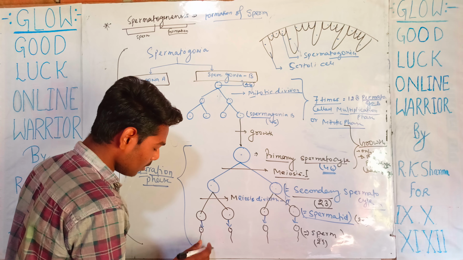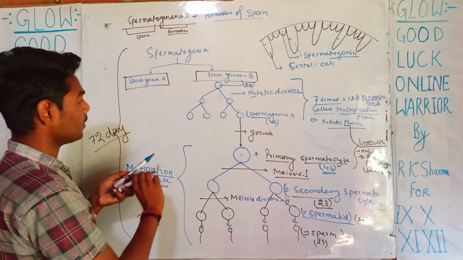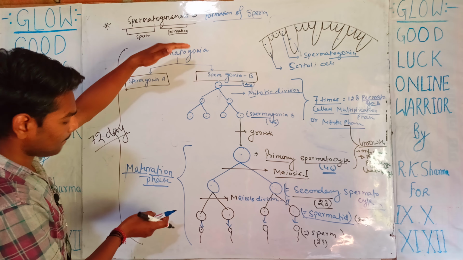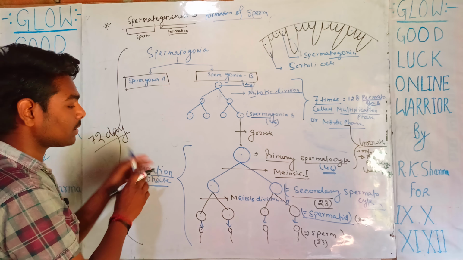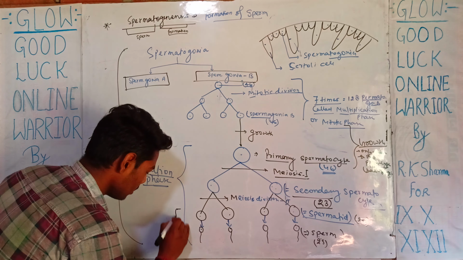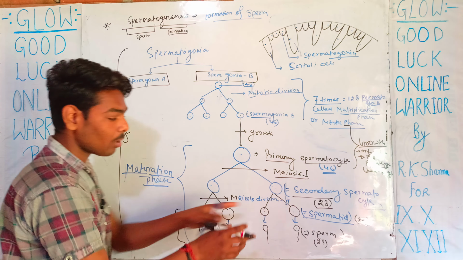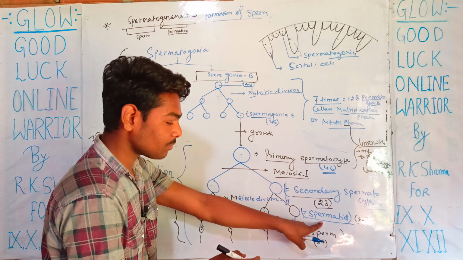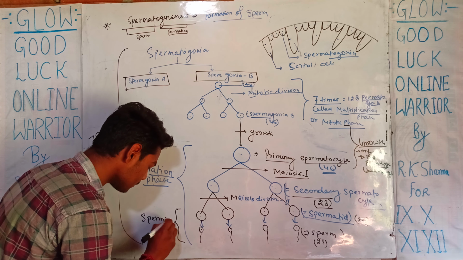Now from spermatogonia to spermatid, this formation is spermatogenesis. The development of flagella from the spermatid is known as spermiogenesis.